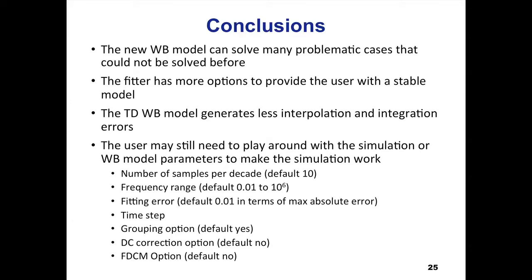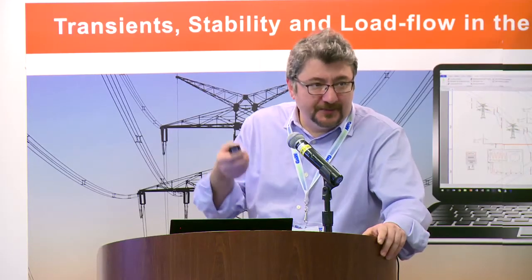For example, if you have problems, you may need to play with your number of samples, frequency range, fitting error criterion, time step, grouping option, DC correction option, and the cable correction option. So these are the options that we provide.